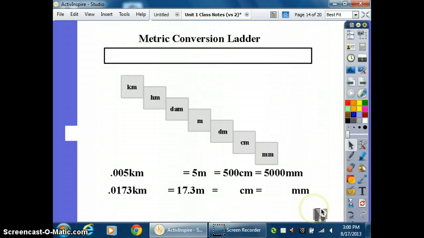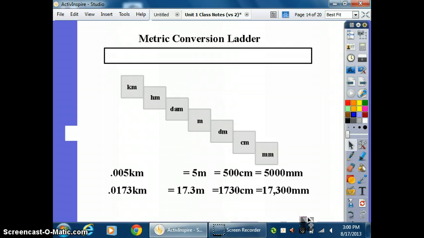Then we're going to step from meters to centimeters. That would be 2 steps. Well, I'll have to add a 0 there. So it's 1,730. And then to go centimeters to millimeters, I'll need to add one more 0, move the decimal 1 place. So it'll be 17,300.